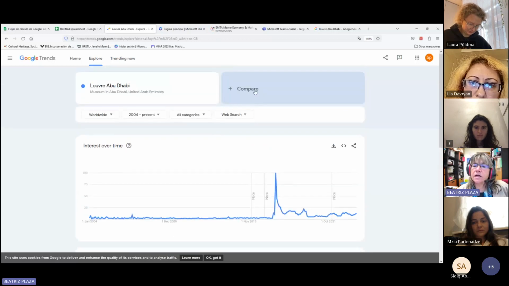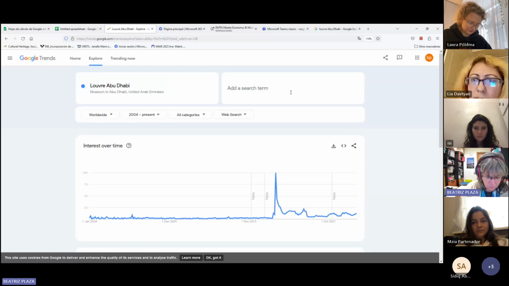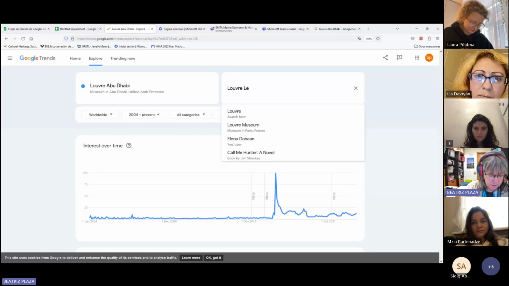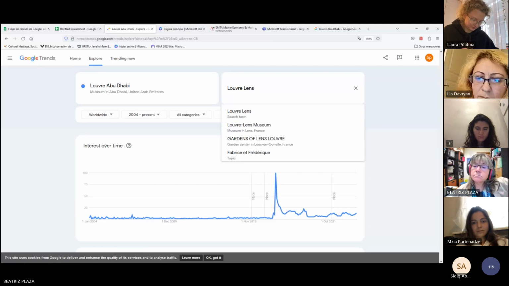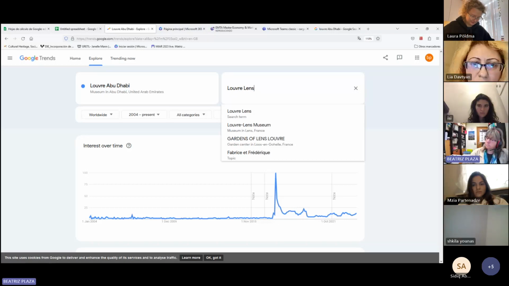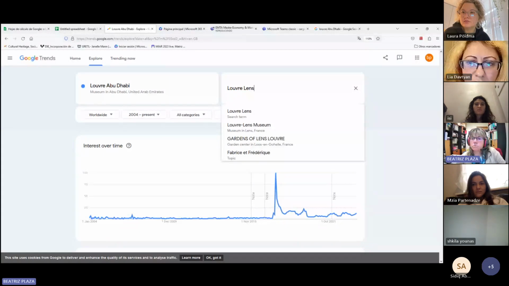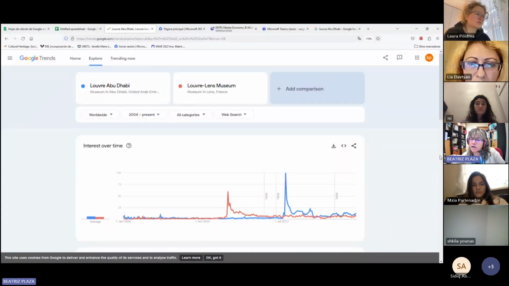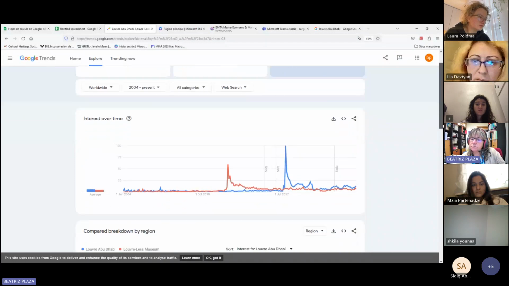Okay, now we are going to benchmark with Louvre Lens. Which one of these should I choose? The museum one, the second one. So I'm choosing the second one, okay? Now it is benchmarking.